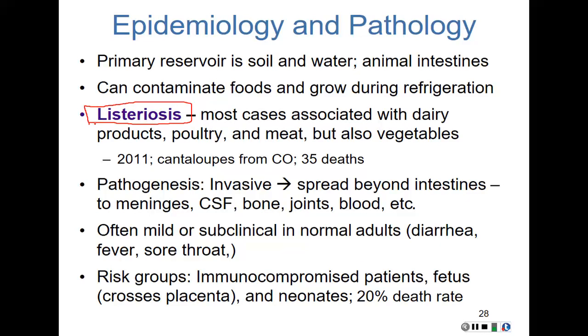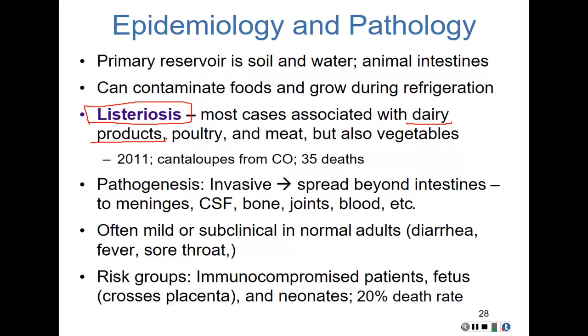And this is foodborne related, often associated with dairy products. So if you had to put your finger on what kind of foodborne food sources this organism is associated with, it's dairy products.